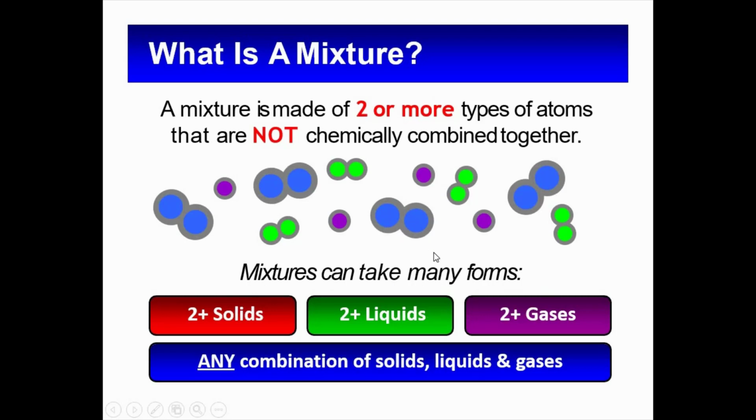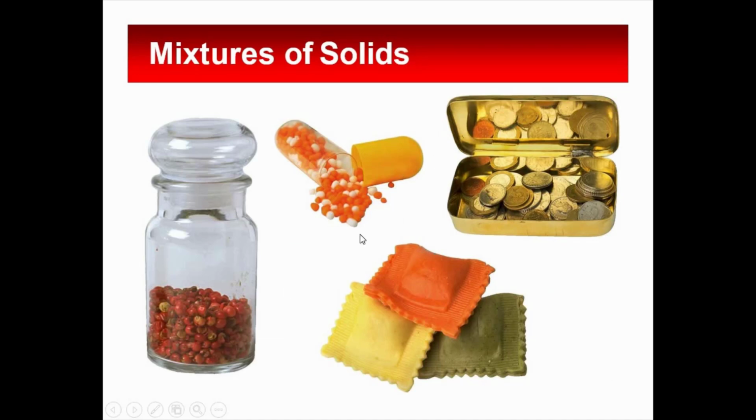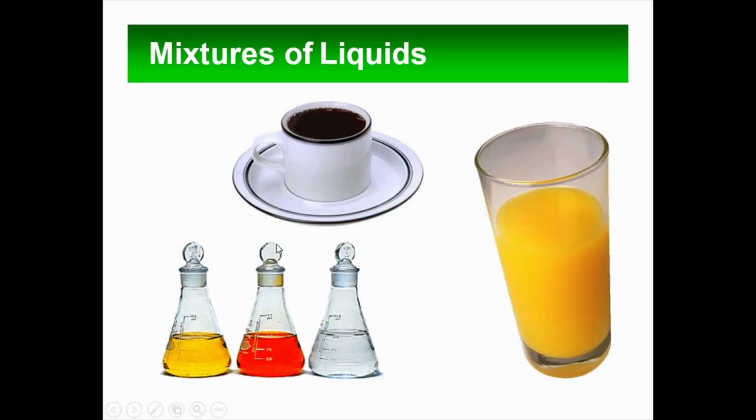or a mixture of all of these kinds or states. A mixture of solids, like here in this picture, you can find two different things mixed together, like the coins with different colors and different materials. And here are also some tapes and some sweets. So we have here a mixture. A mixture of liquids could be two different liquids mixing together, like here in the coffee, we mixed the coffee and the water.